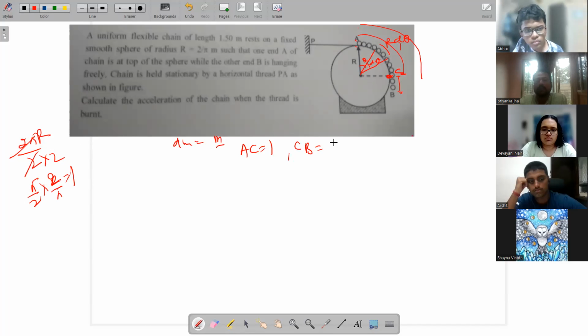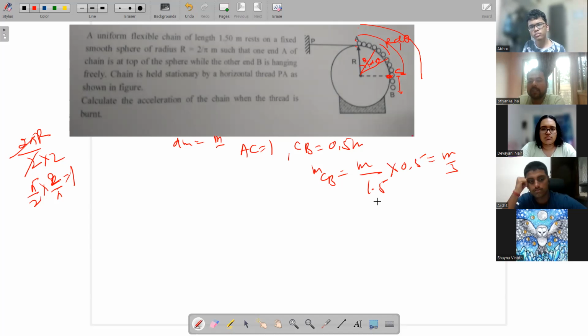So CB will be how much? 0.5 meter. Right. So the mass of this CB will be mass of total length upon 1.5. See, M is the mass of the complete 1.5 meter length of the chain. So what would be the mass of this, that is 0.5? So M by 3. This portion has mass M by 3.